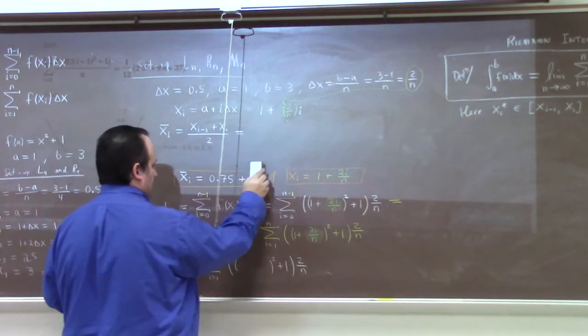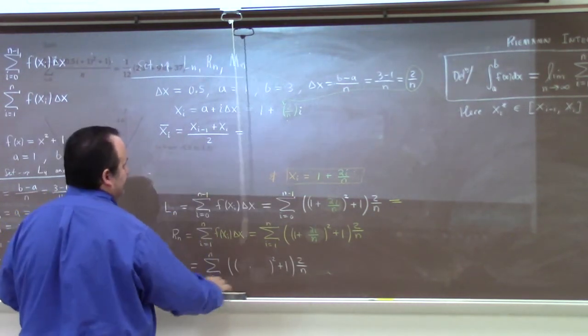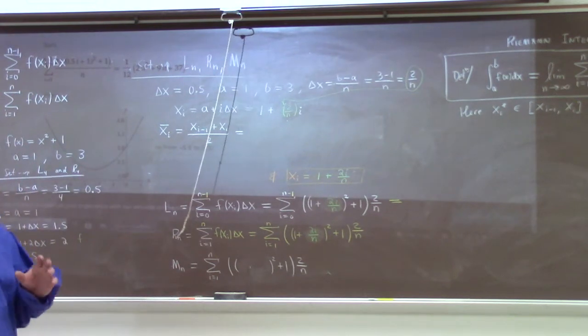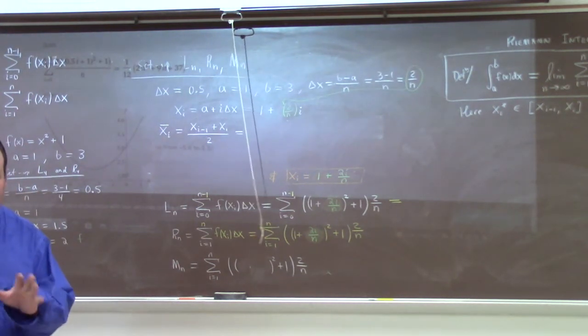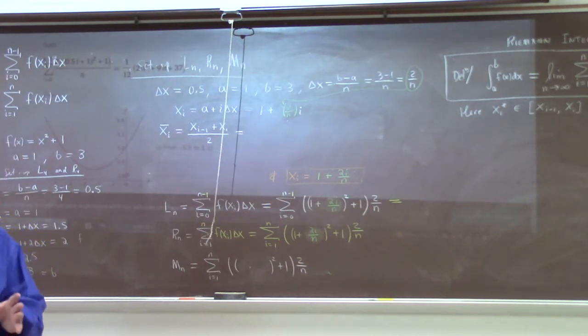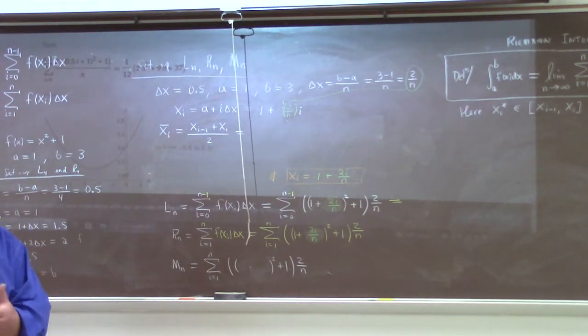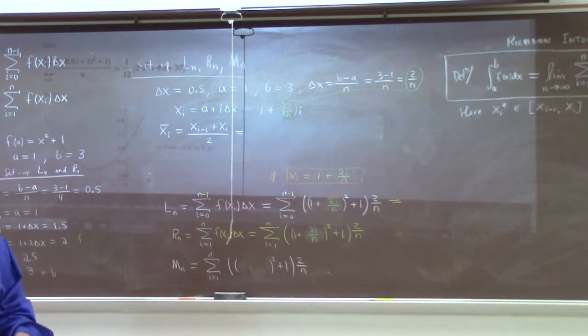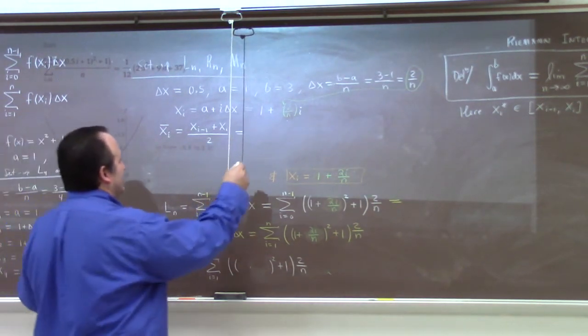This is incorrect. The problem is I put 0.5 for delta x, but delta x is not 0.5. It is 2 over n for n. You guys let me get away with putting the n equals 4 thing into my general formula. This is not good. Don't let me do that.